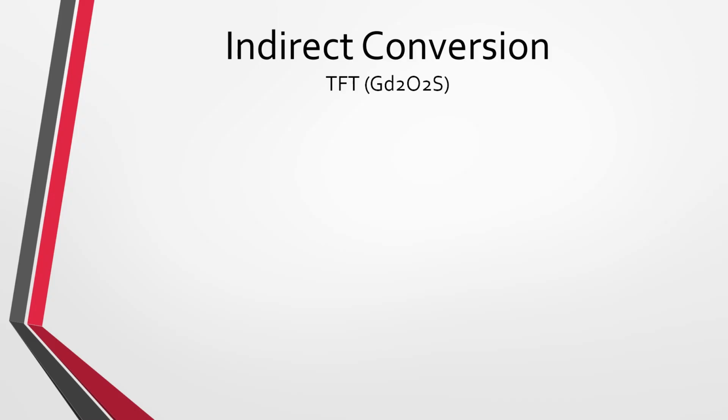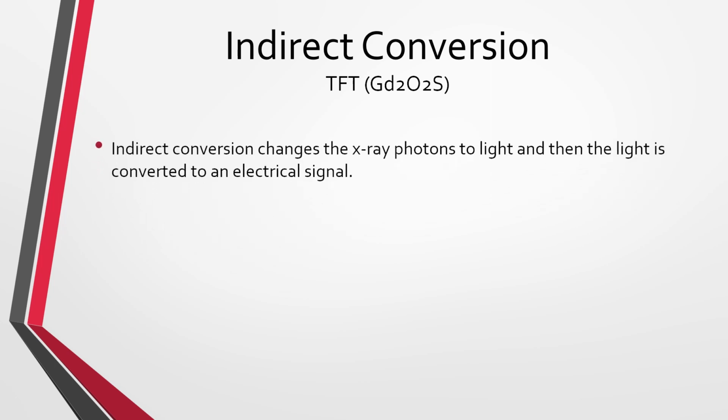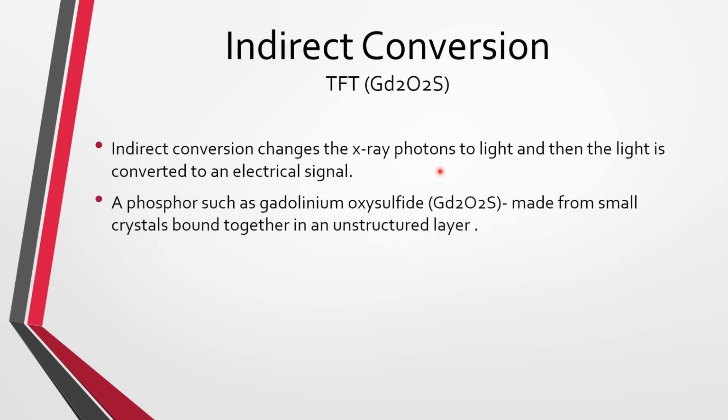Indirect conversion for TFT, we'll talk about the gadolinium oxysulfide first. Indirect conversion changes the X-ray photons to light, and then the light is converted back to an electrical signal. This is indirect. I hope we're getting the difference between indirect and direct at this point.